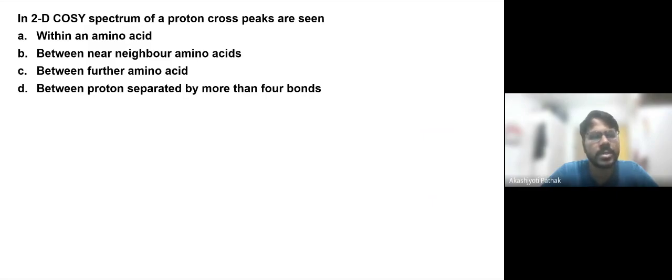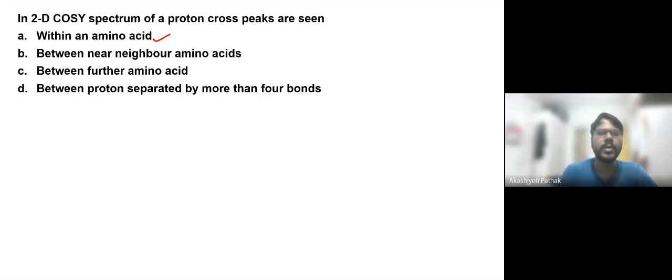Now, in a 2D COSY spectrum of a proton, cross peaks are seen. So just now we understood this concept that within a 2D COSY spectrum, cross peaks will only be seen within an amino acid, right? Answer is option A. We just now saw that because as your bonds increase, the J coupling weakens, and so we will not observe cross peaks for smaller J coupled spins.